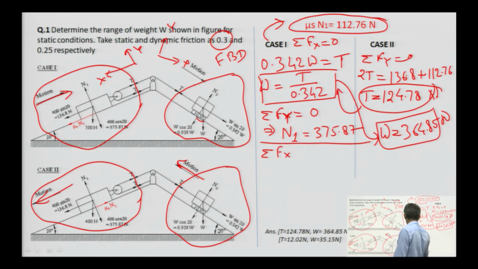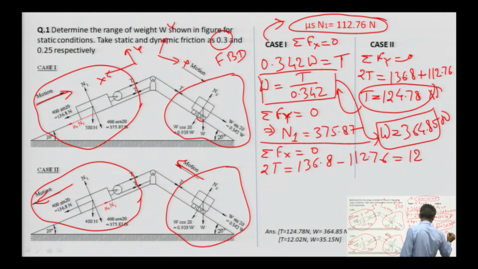sigma Fx equal to 0, then we will have 2T is equal to 136.8 minus mu s into N1. This is 112.76 and this value is 12.02 Newton.